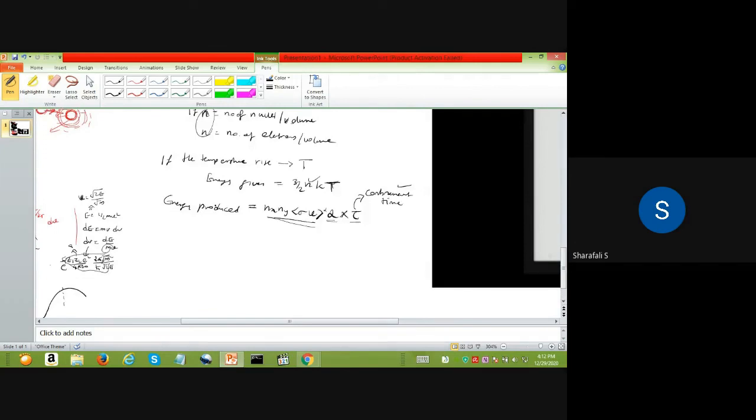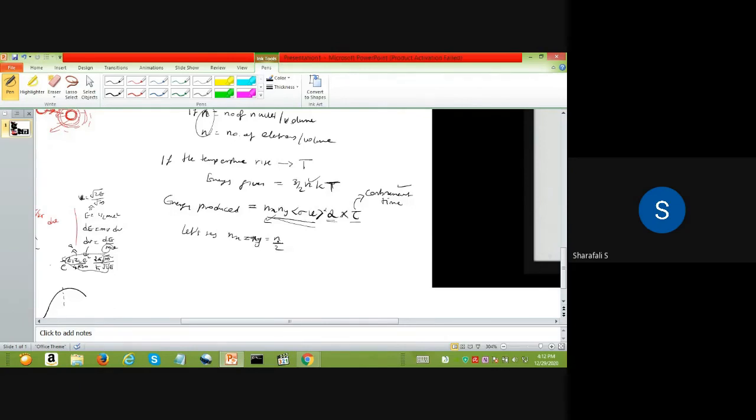Now, in order to have a beneficial nuclear fusion process, the condition will be like this. Let's say nx equal to ny equal to n by 2.